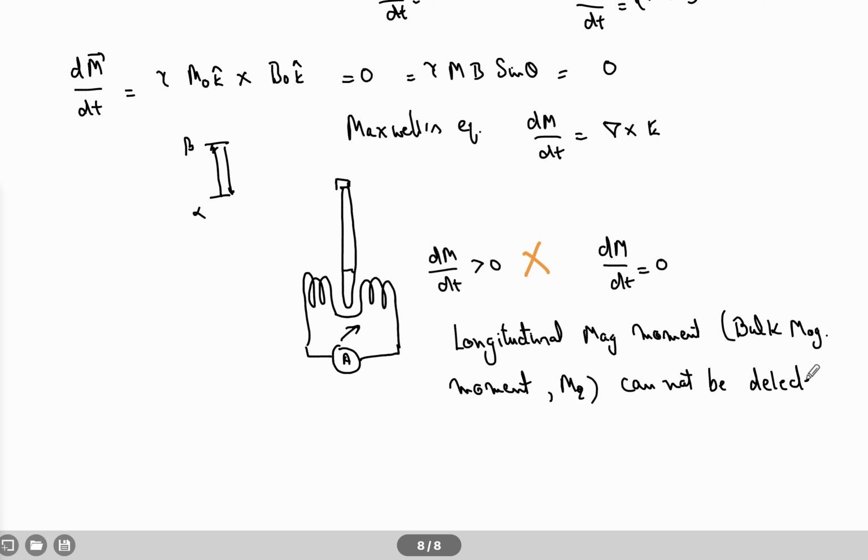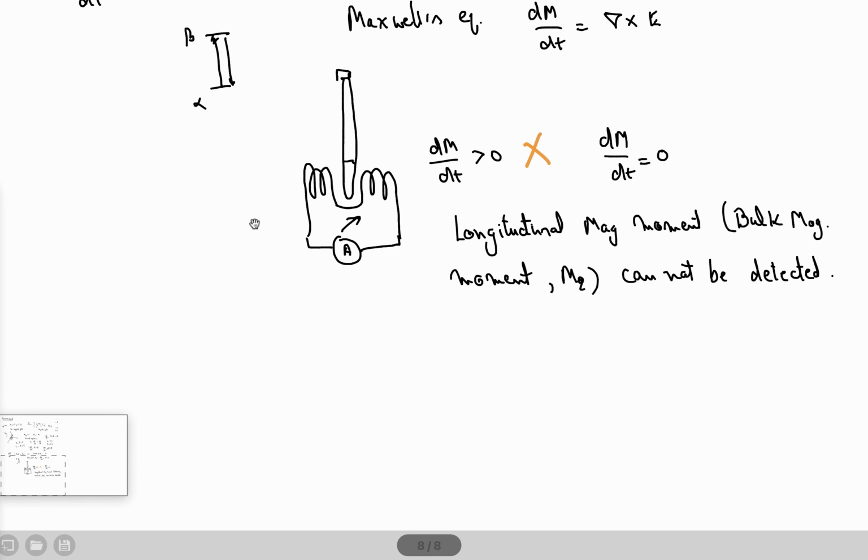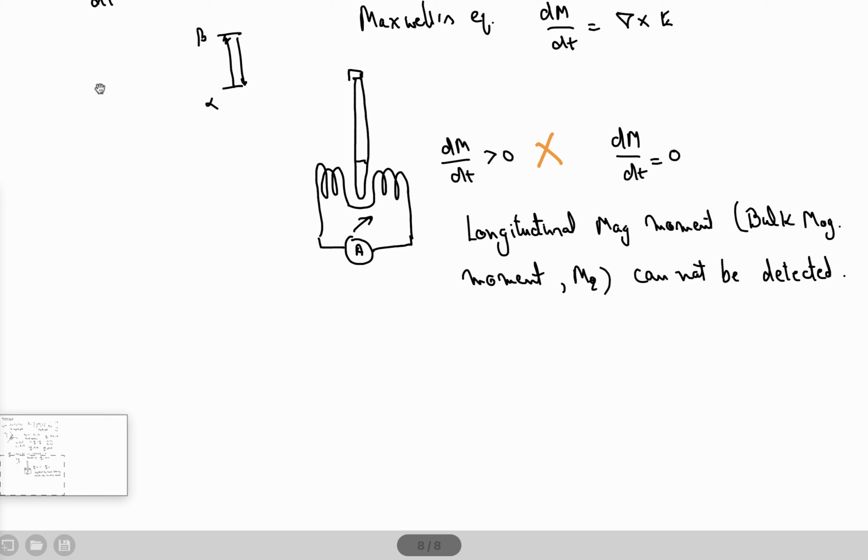That should be very, very clear now, right? Okay. So now what we can do is play this M0, Mz around by applying some other fields. Okay, let's see what I mean.